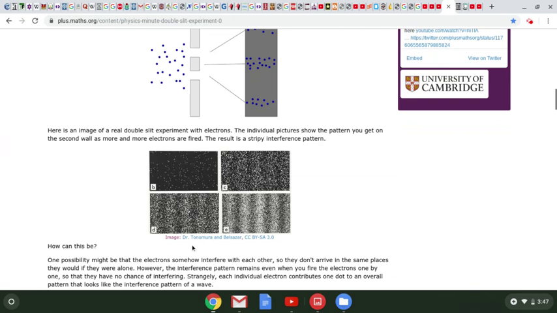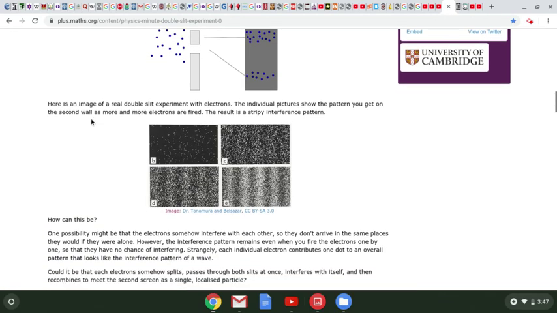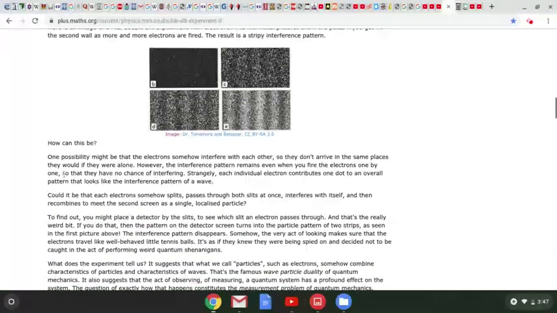These are real images from Dr. Tonomura and colleagues. Here's an image of a real double slit experiment with electrons. The individual pictures show the pattern you get on the second wall. As more and more electrons are fired, the result is a stripy interference pattern. How can this be?